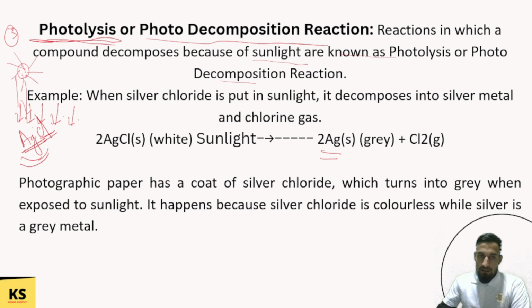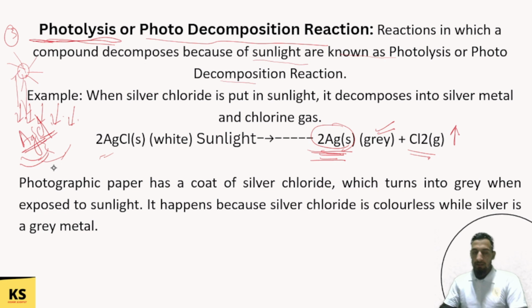Gray because this compound breaks into two parts. What are they? It gives us silver and chlorine gas. This chlorine gas will evaporate and what remains is solid silver. And this silver is of what color? This is gray, and hence we see this gray color in the beaker or the cup that we left in the sunlight.